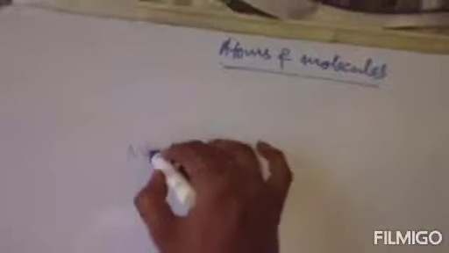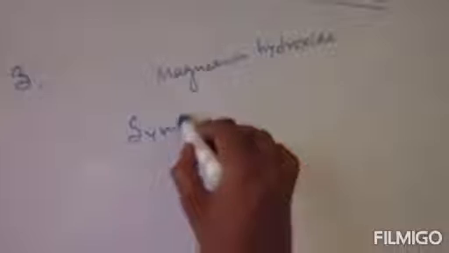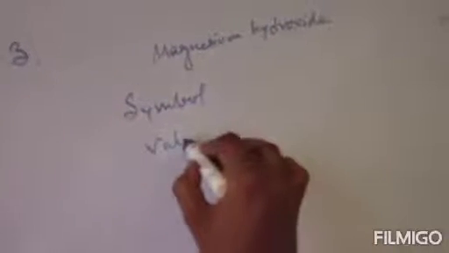Question number 3, we have to find out some chemical formula. This is also given in your NCERT textbook question. Find out the formula unit of magnesium hydroxide. So first we will write symbol and then valency as usual.